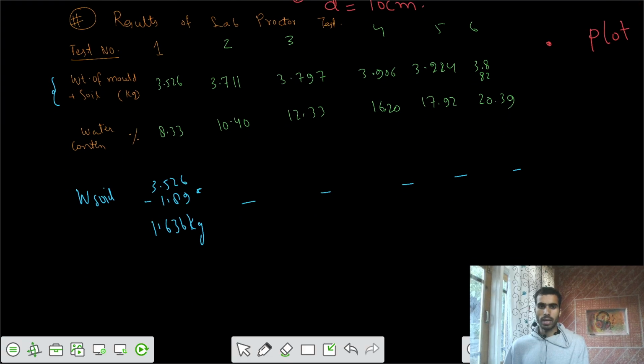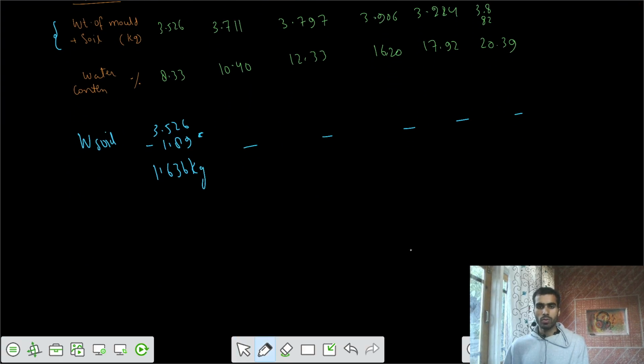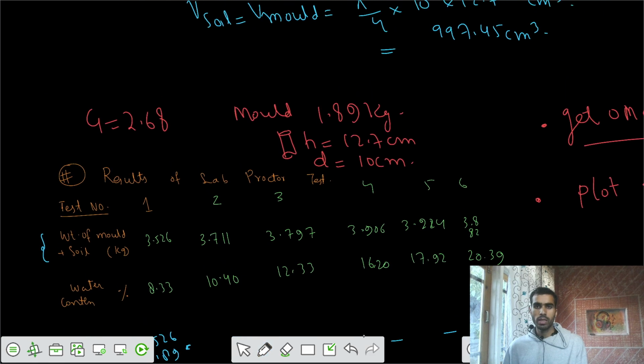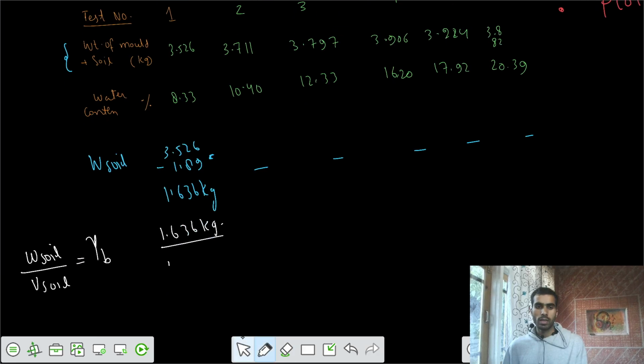Now we would say that what is the bulk unit weight? Bulk unit weight is actually weight of the soil in that particular water content condition, divided by the volume of soil. So here we can write that 1.636 kgs divided by the volume, 997.45 centimeter cube.